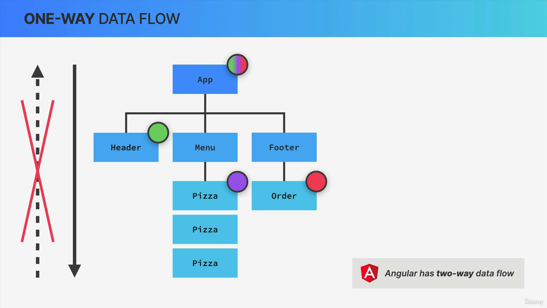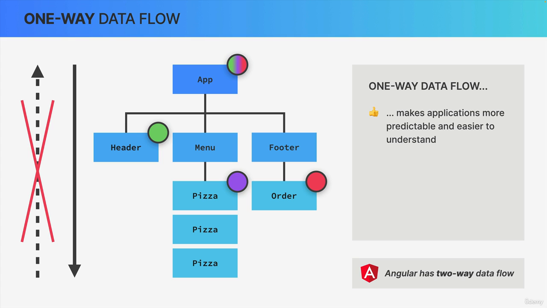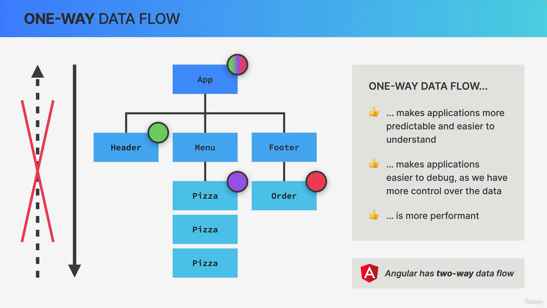The first is that it makes applications way more predictable and way easier to understand for developers, because it is just a lot easier to understand where the data is coming from if it only flows in one direction. In a similar vein, it makes applications way easier to debug. Again, because we have way more control over the data and we understand exactly how that data flows around. And finally, two-way data binding is usually less efficient, so it's less performant to implement.